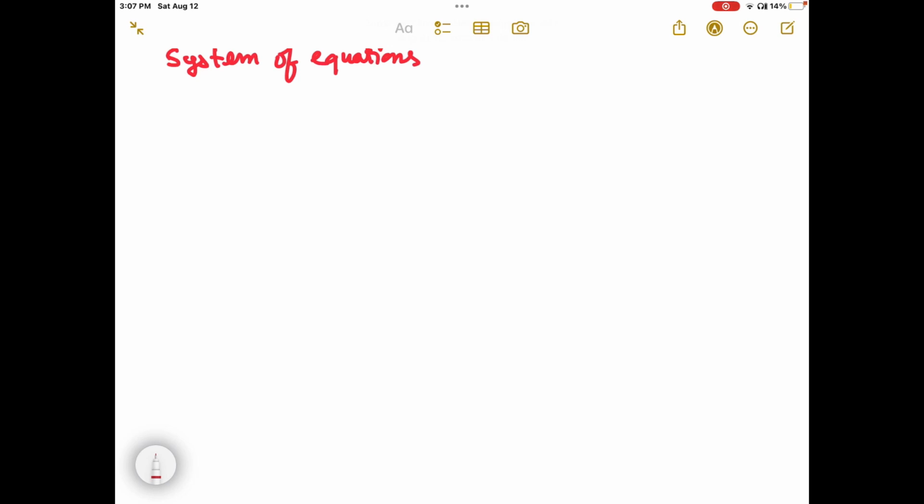So here I'm going to write a very simple system of equations which has two equations and two unknowns. Generally, when you are given a system of equations to solve, the number of unknowns should be equal to the number of equations.